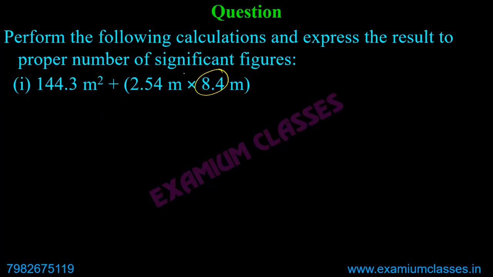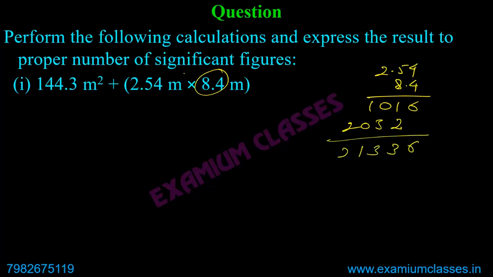So 2.54 times 8.4 will be 21.336. So you will write equals to 144.3 plus 21.336, but it should have only 2 significant figures.